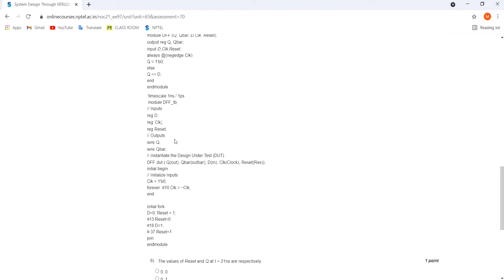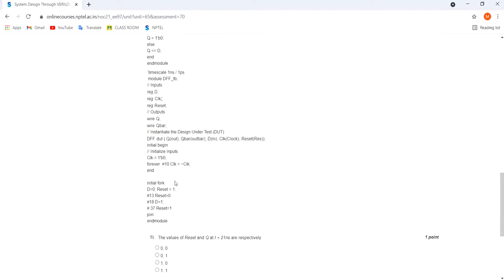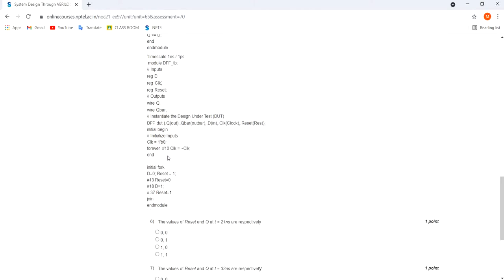So first, let us take reset. Regarding the reset, for the initial fork at t equal to 0, the reset is 1 up to 13. From 0 to 13 nanoseconds the reset is 1, and from 13 to 37 reset is equal to 0. After 37 nanoseconds, the reset is 1.